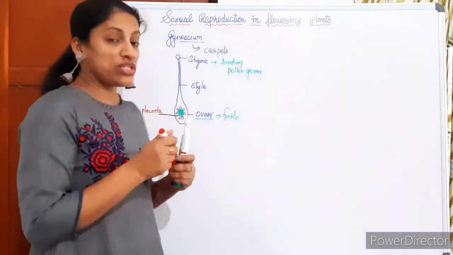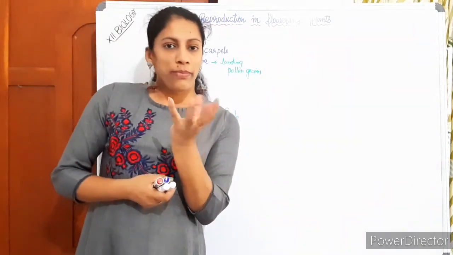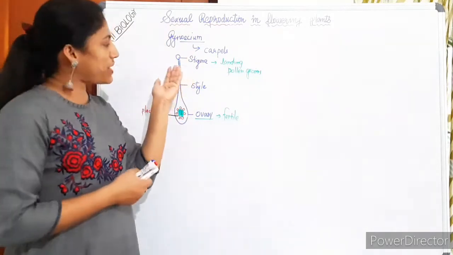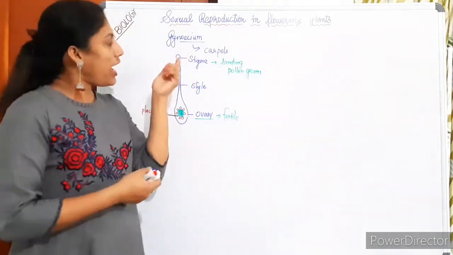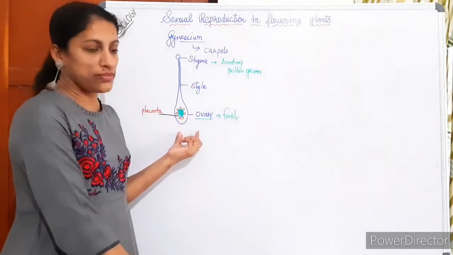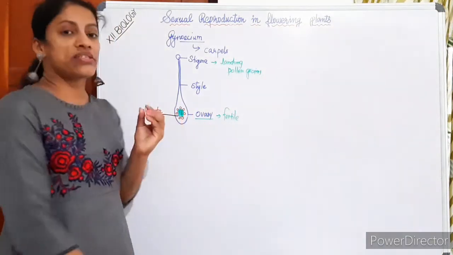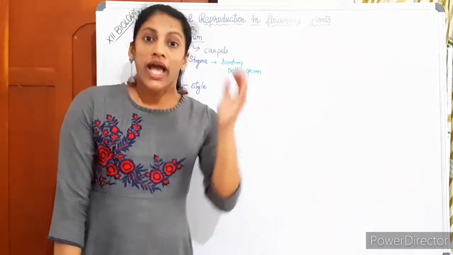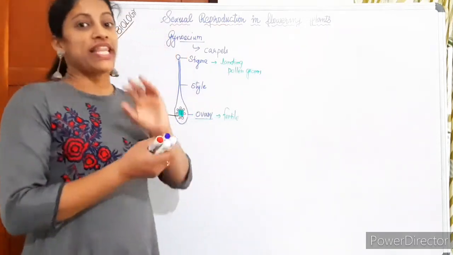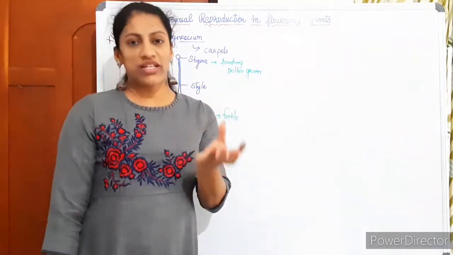So one carpel has a basal bulged portion called ovary, then the style and an upper landing space called stigma. In the ovary, there is a specialized tissue called placenta. Attached to the placenta, we can see ovules. Then keep in mind, the ovule is the female sporangium.